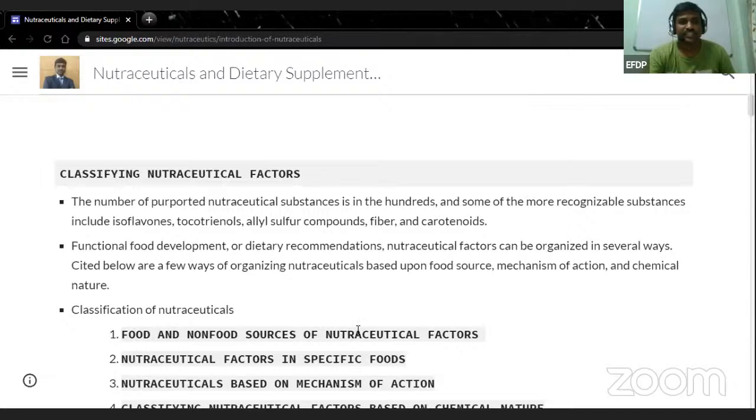Now these are the definitions. Now the classification, classifying the nutraceutical factor. How can you classify the nutraceutical factor? First of all, we understand the definition of the compound, the definition of the particular nutraceutical. Okay. FSSAI, yeah, Shailesh Matre has given the perfect answer. Red Bull is a nutraceutical drink? No, it is coming under beverages.